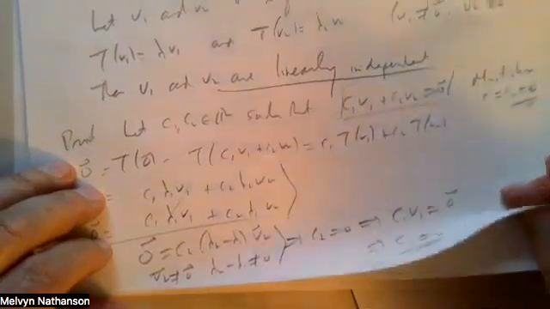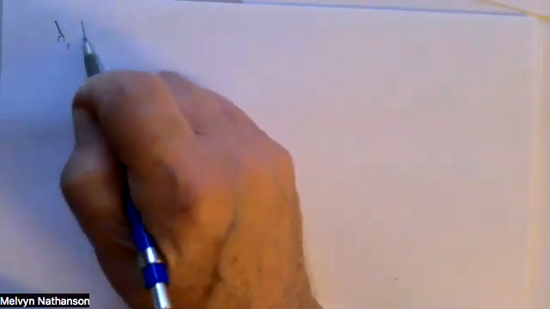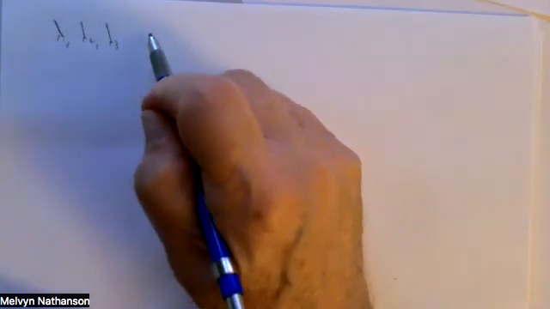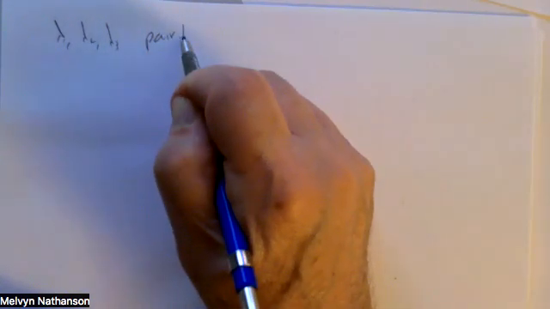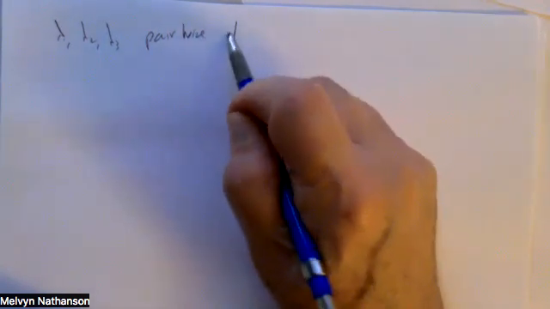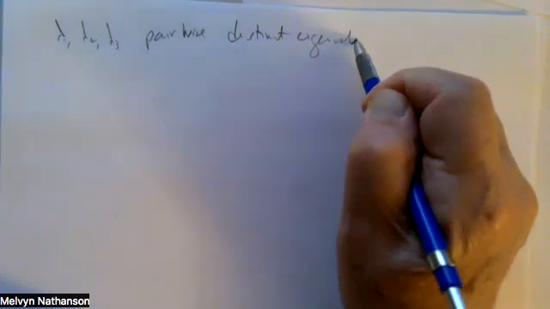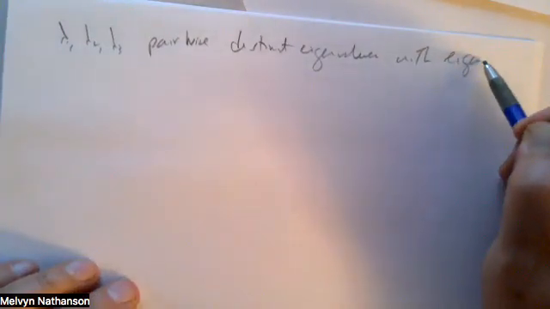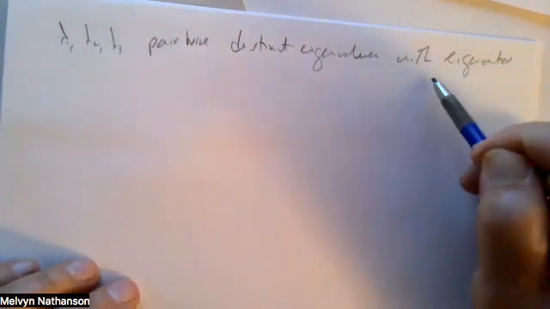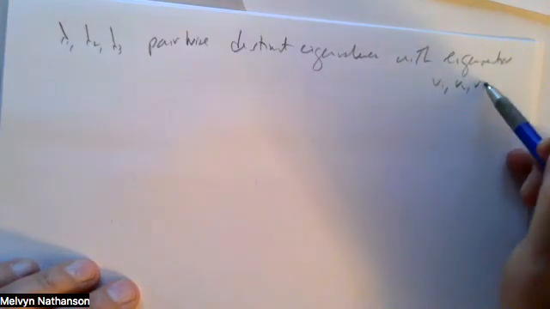Let's see if we can generalize this. Let's take the next simplest case. So we have lambda 1, lambda 2, lambda 3, pairwise distinct eigenvalues with eigenvectors v1, v2, v3.